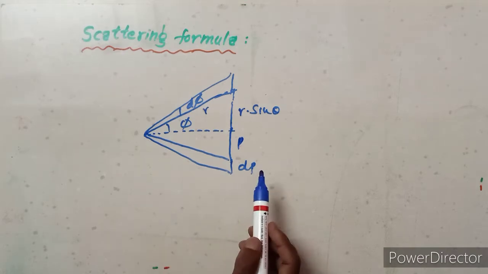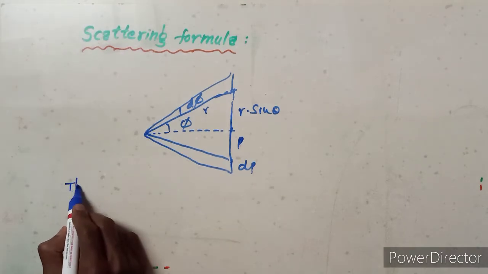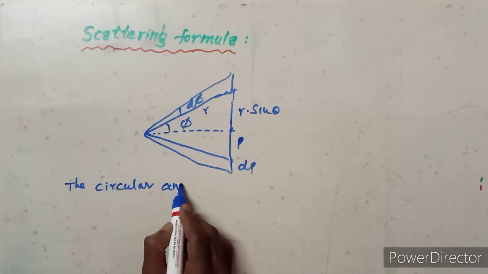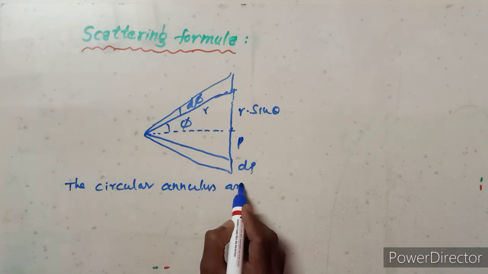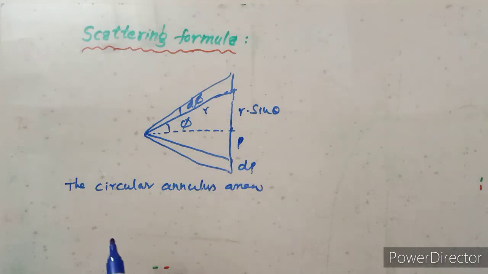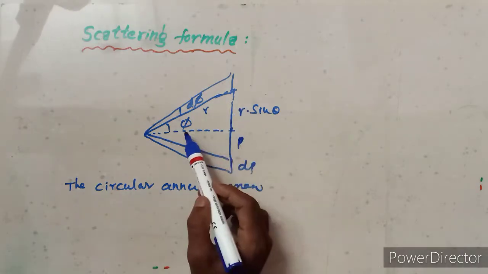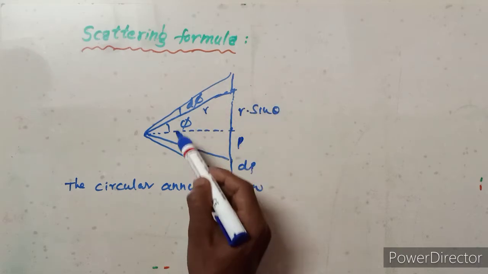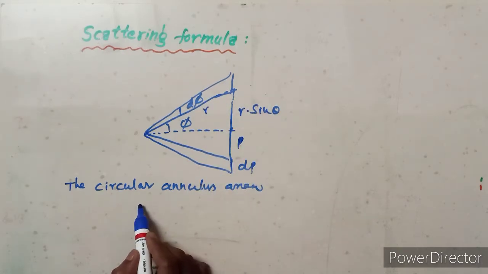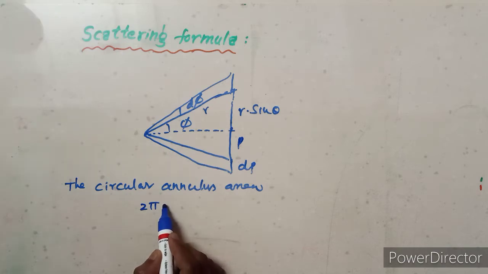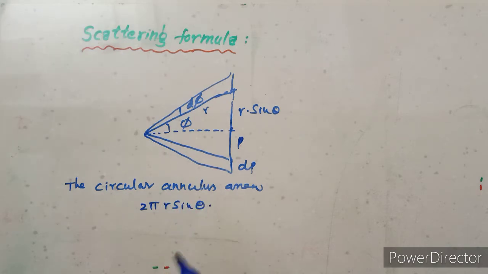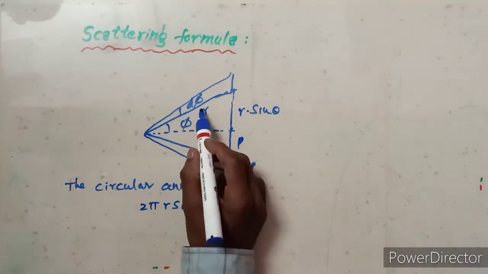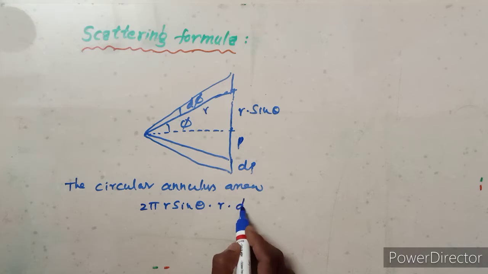So the circular annulus area is 2 pi r sin theta into r into d theta.